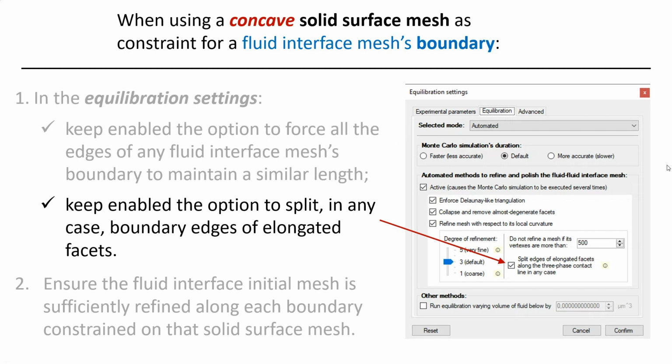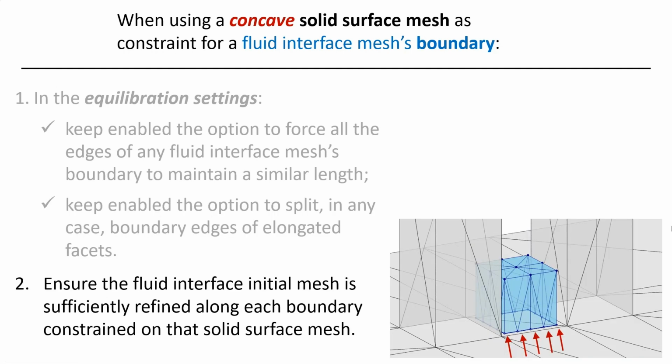Secondly, keep enabled also the option to refine, in any case, any elongated facets along the mesh boundary. And finally, ensure that the fluid interface initial mesh is sufficiently refined along each boundary constrained on a concave solid surface mesh.